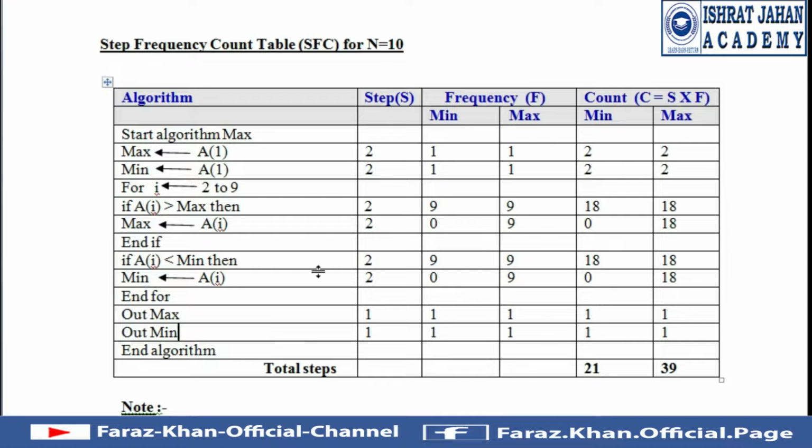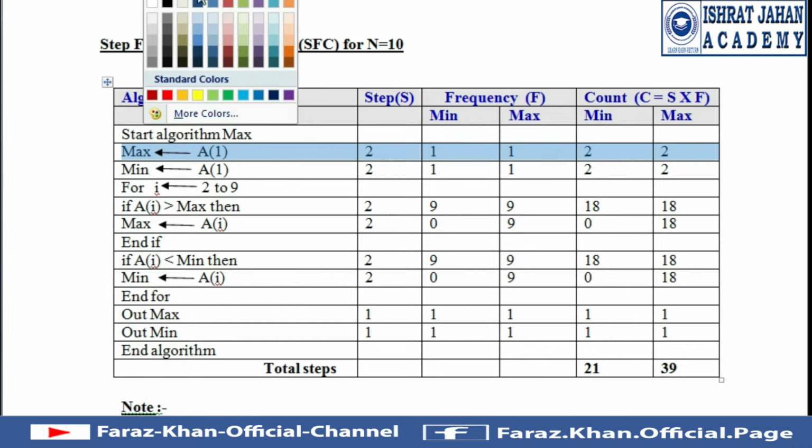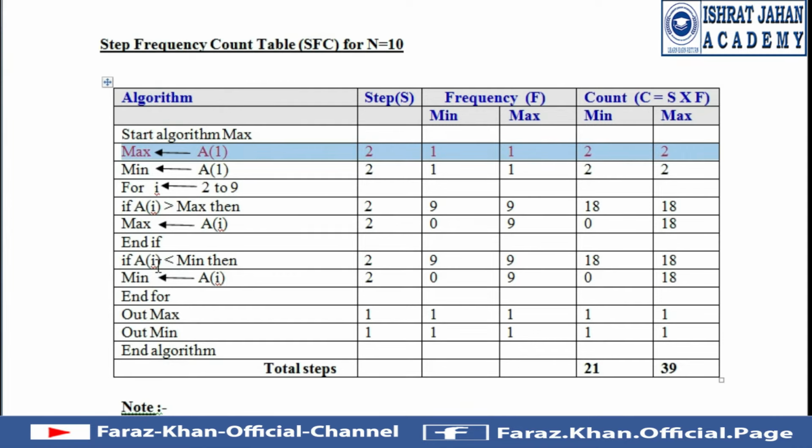So while analyzing the complexity of the algorithm, we will take the steps of either the maximum or the minimum, right? But we have to write the logic of both in the algorithm.